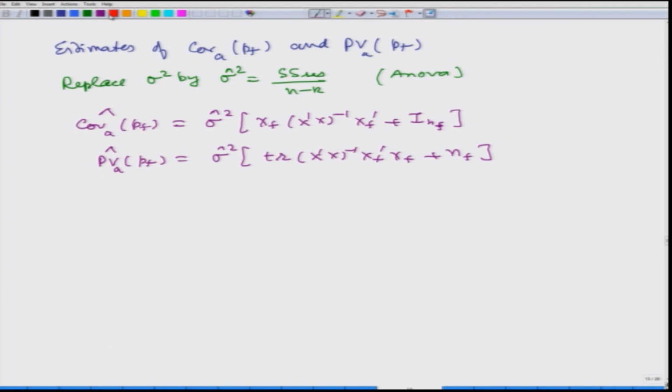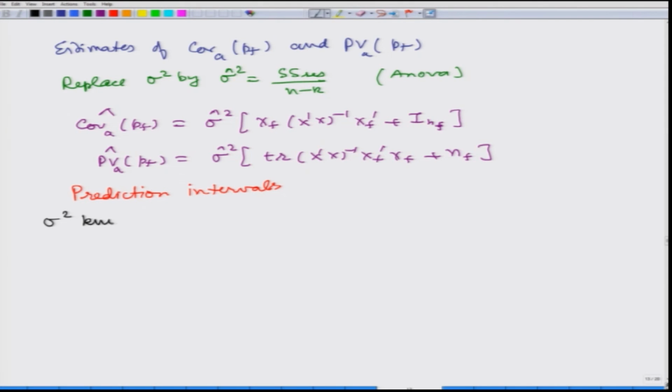Now our next objective is to find the prediction interval. The prediction intervals can be found exactly in the same way as we have done in the earlier cases. So we will have two cases.